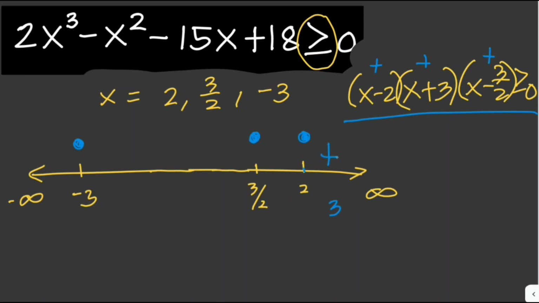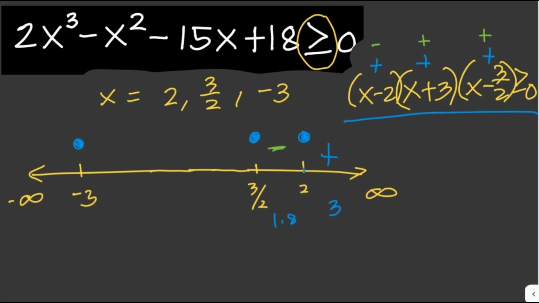Therefore, this region here is positive. And then we try a point between 2 and 1.5. So let's say 1.8. Plug in 1.8 here. 1.8 minus 2 is negative. 1.8 minus 1.5 is positive. So negative times positive is negative.